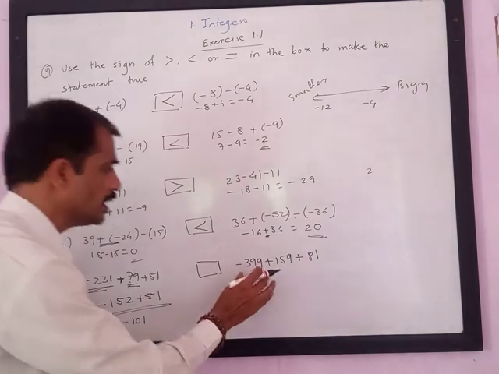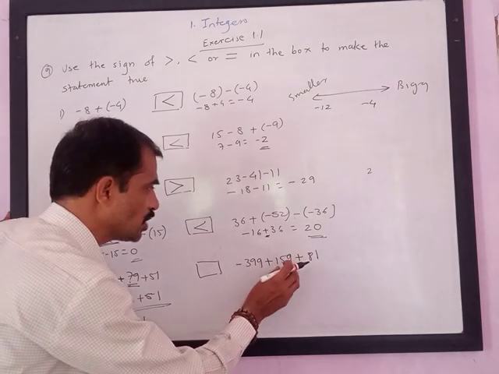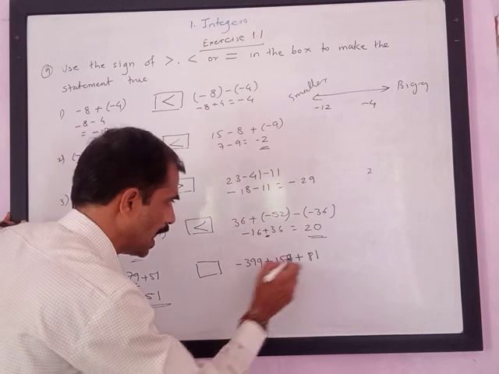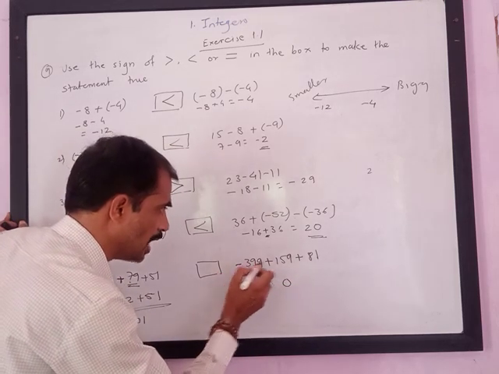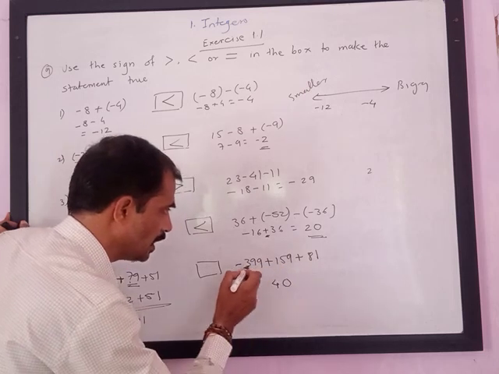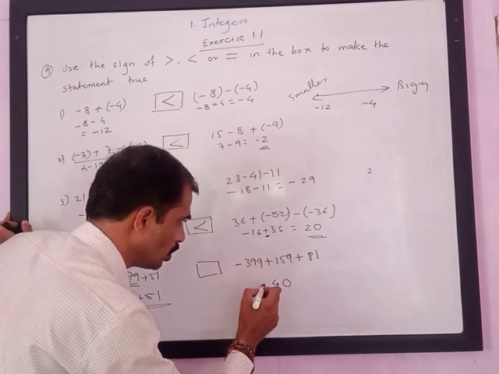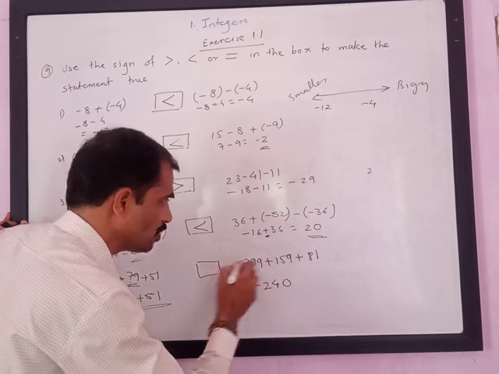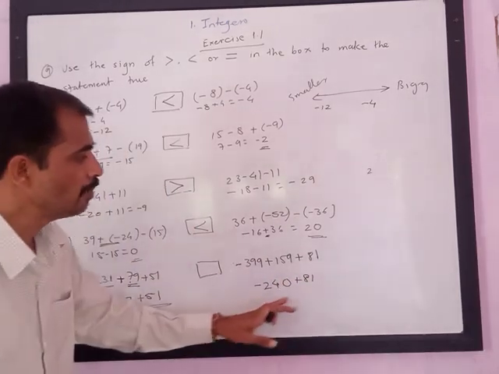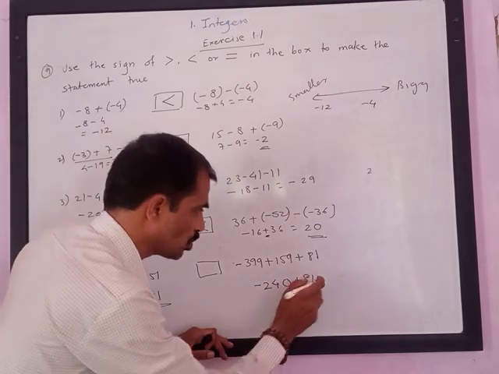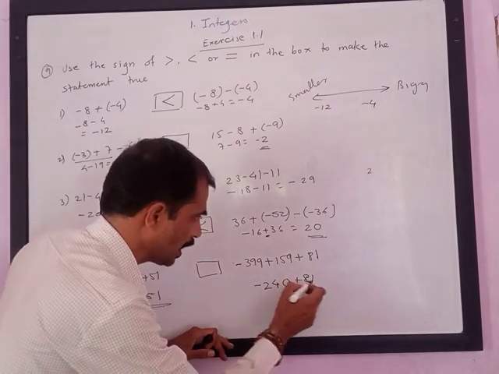This side it is negative 399 plus 159. So you will get 9 minus 9 is 0. Opposite signs are there, so we have to do the subtraction. 9 minus 5 is 4. Again 3 minus 1 is 2. So this will have negative sign, 240 minus 81. So 0 minus 1 is 9 and again 1 carries.